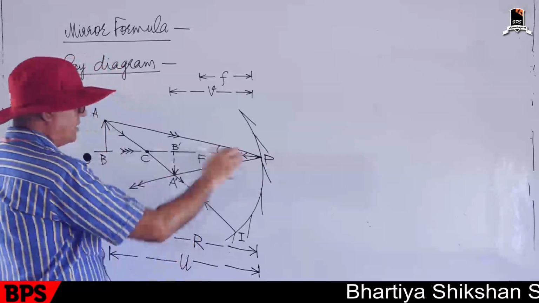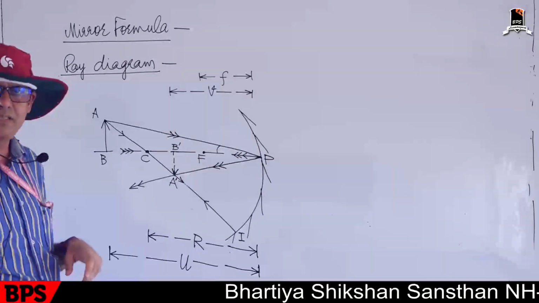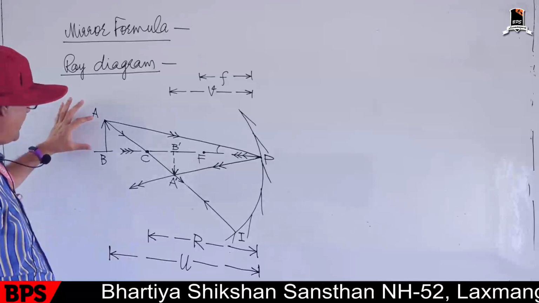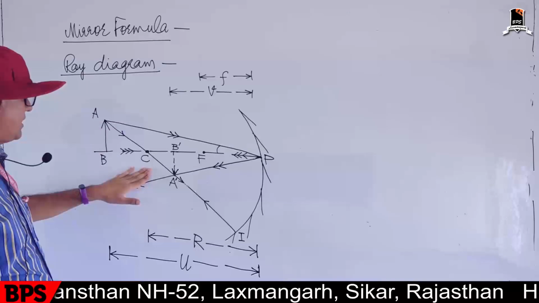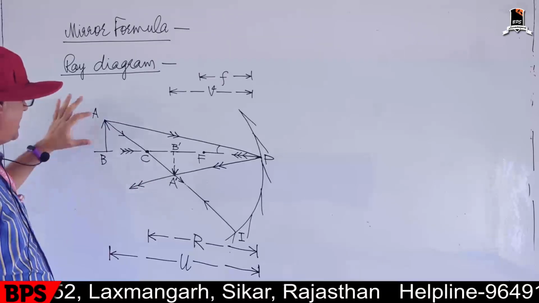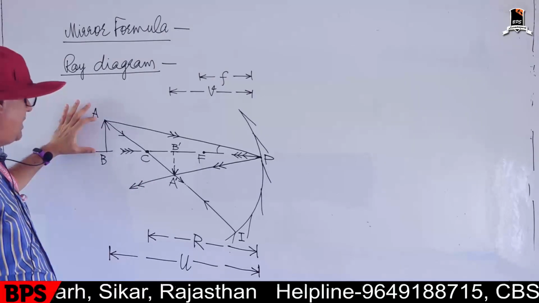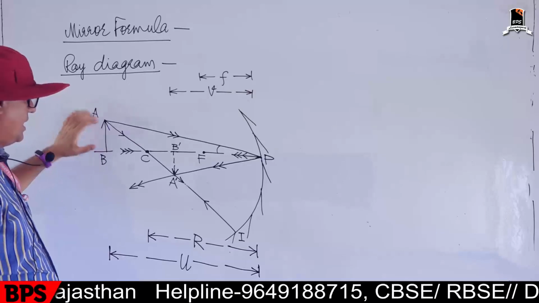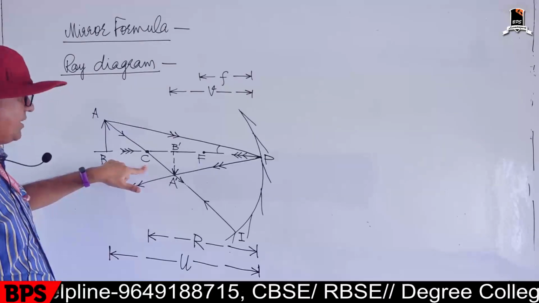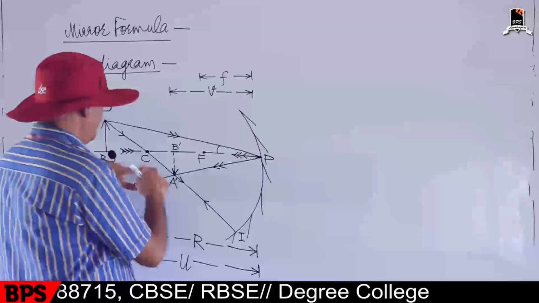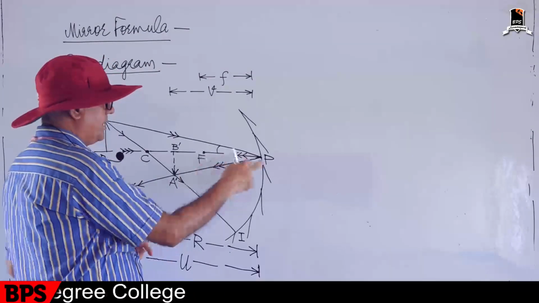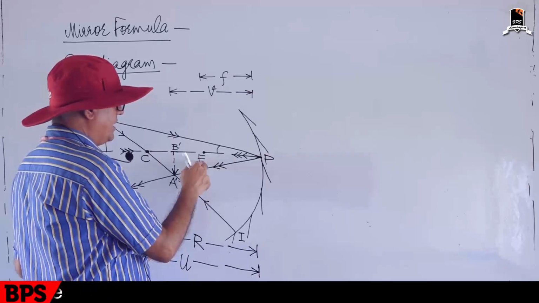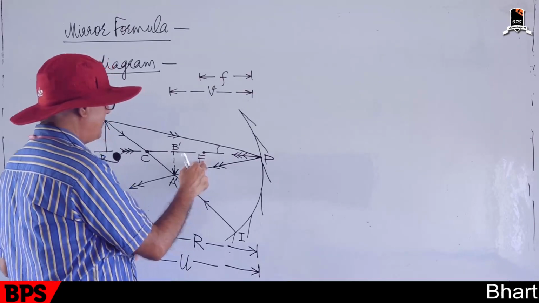CFP is its principal axis. We have taken an object which is lying beyond center of curvature point. Let the object be AB. Let the center of curvature of this mirror be C. Let the focus of this mirror, principal focus of this mirror, be capital F.